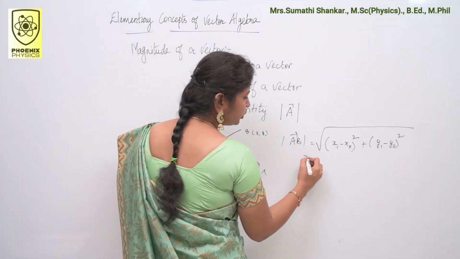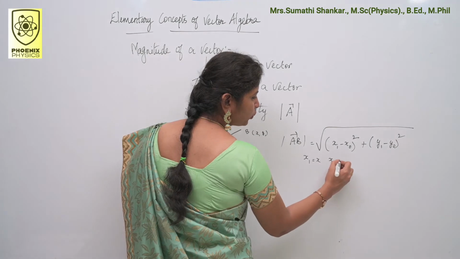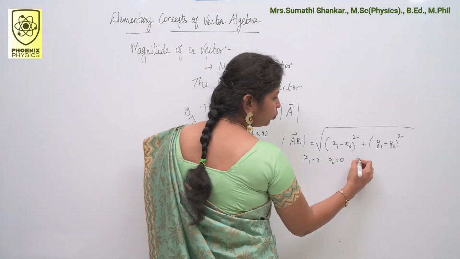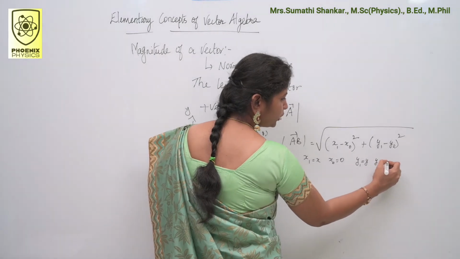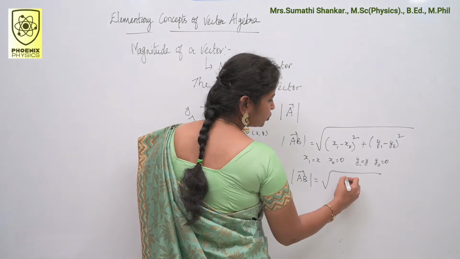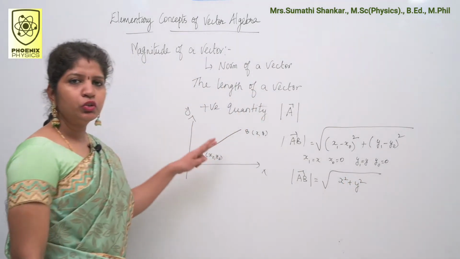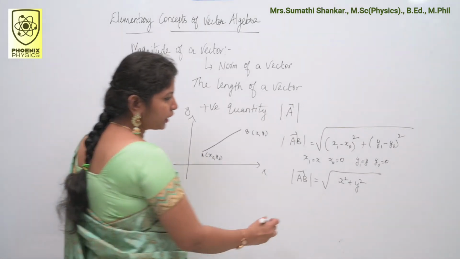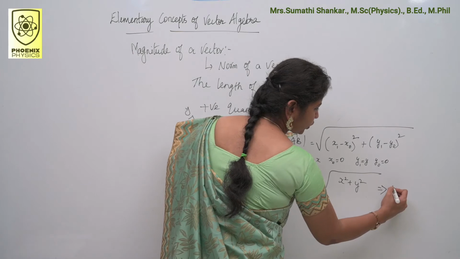Here substitute x1 equal to x and x0 equal to 0. Similarly, y1 equal to y and y0 equal to 0. What do you get? x square plus y square. So if it is a 2D plane, the magnitude is root of x square plus y square.